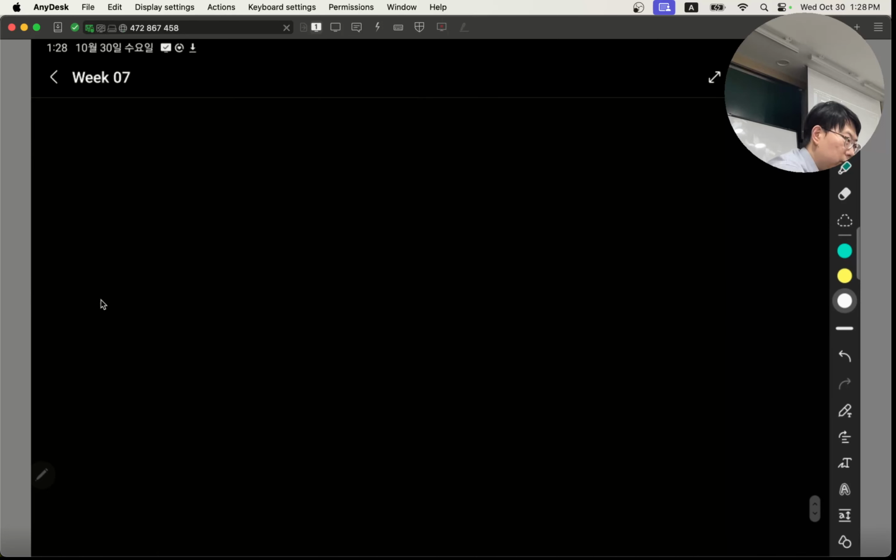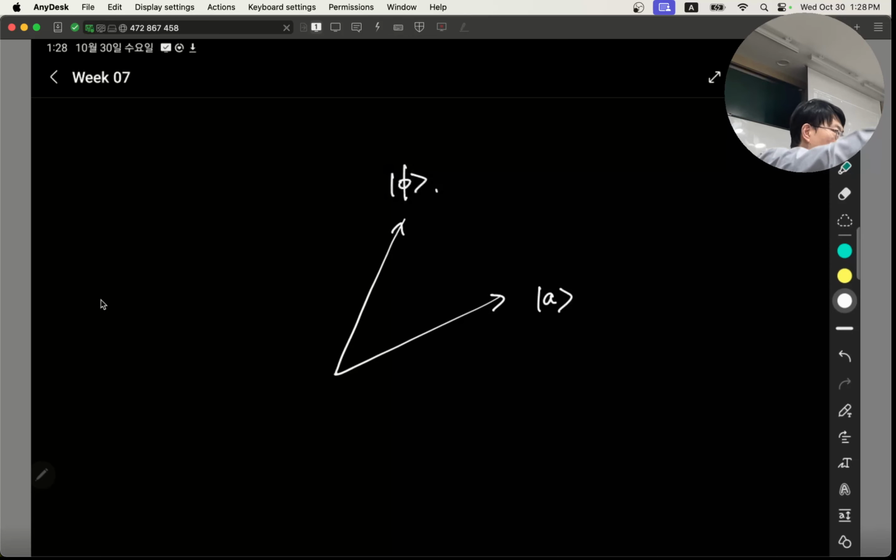let me have another picture here. Let's say I have this vector and this vector, call them A and V, just to match our discussion before.